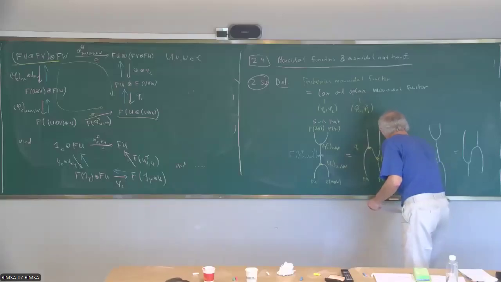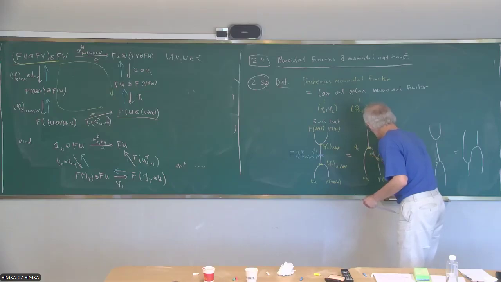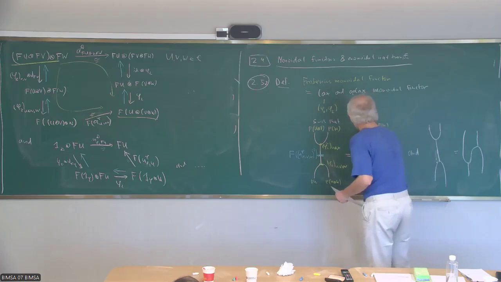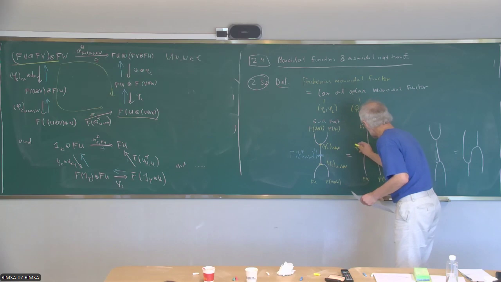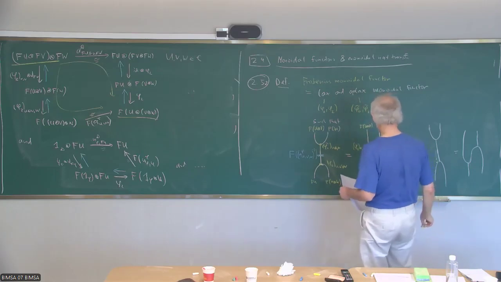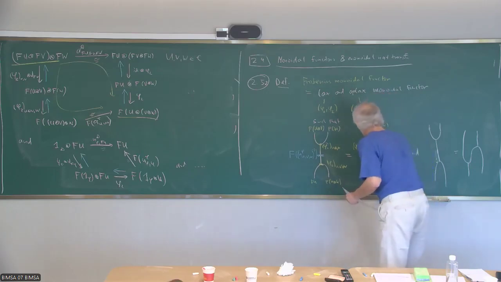U and v tensor w, and then we will have f of v here and f of w here, and here we will have f of u tensor v, and this will be phi 2 u comma v tensor w.